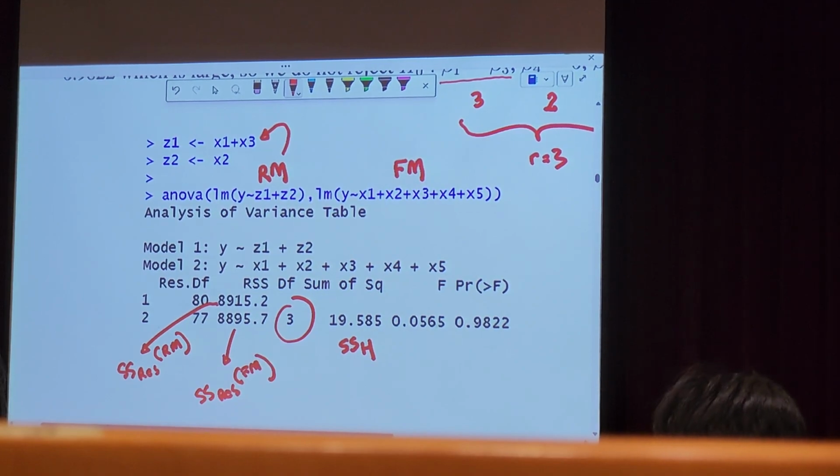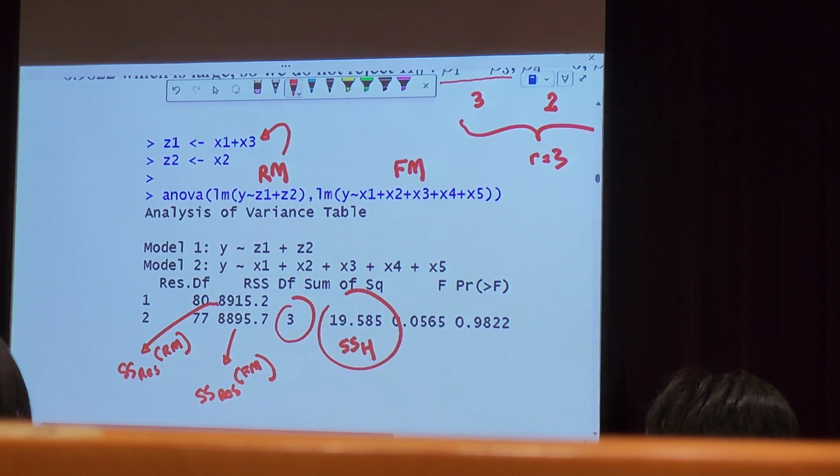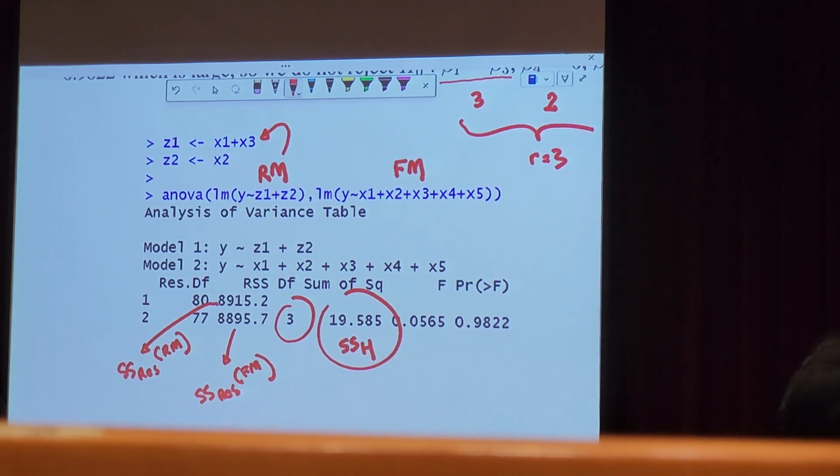If you subtract these two, you will get the sum of squares that will allow us to test the three constraints. Now the null hypothesis comprises three constraints on betas.